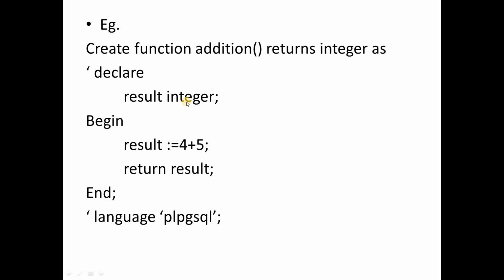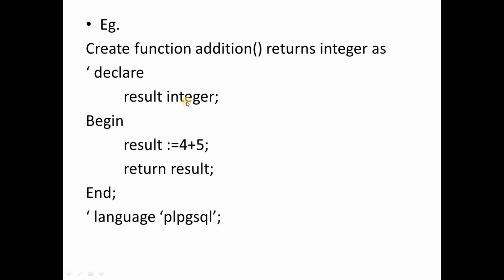I hope you understood. Assignment statements, declaration statements, or your SQL queries are known as statements. Our plpgSQL is a combination of two parts, statement and expression. So what is a statement?